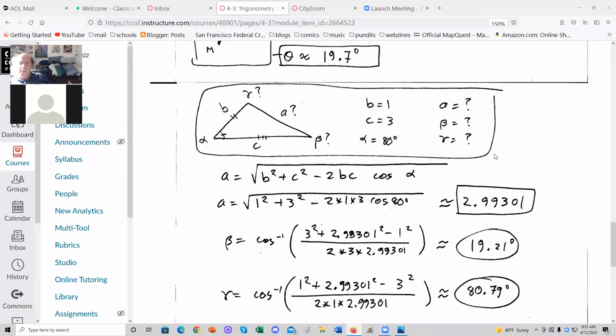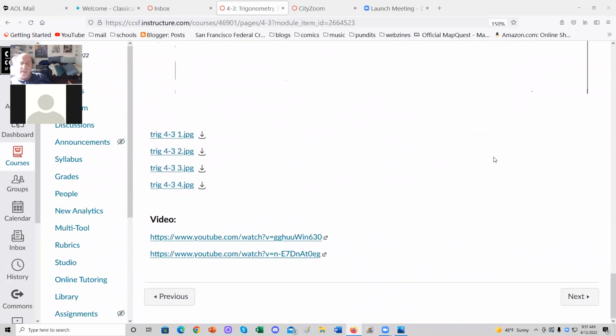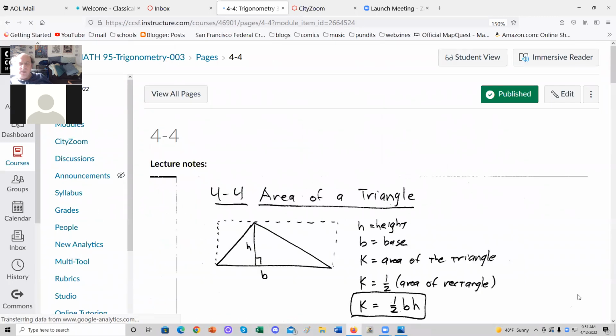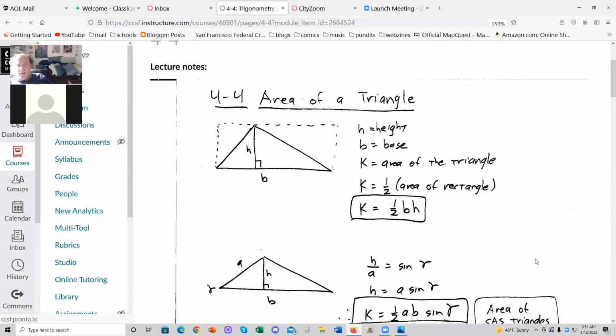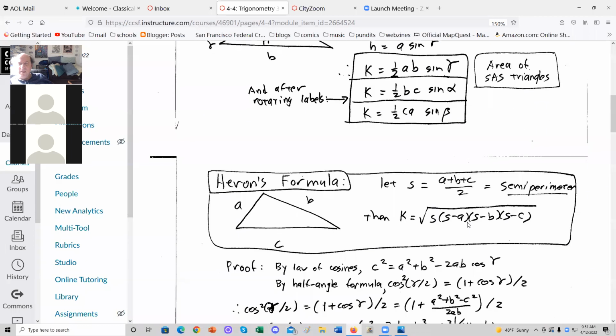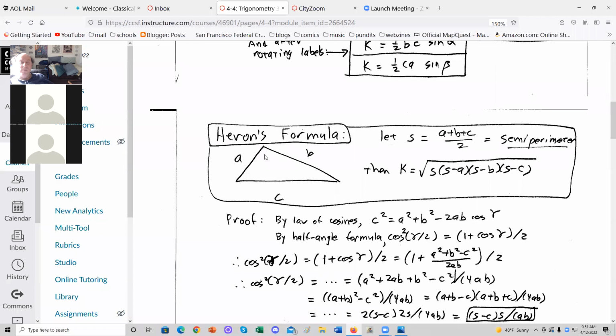So that concludes these. Next time we'll discuss the area of a triangle. There's a half base times height formula, related to the side angle side problem. Then there's Heron's formula, which gives the area from three sides.